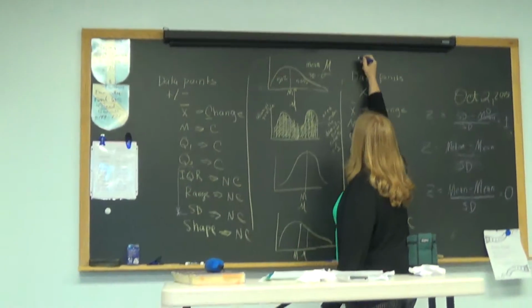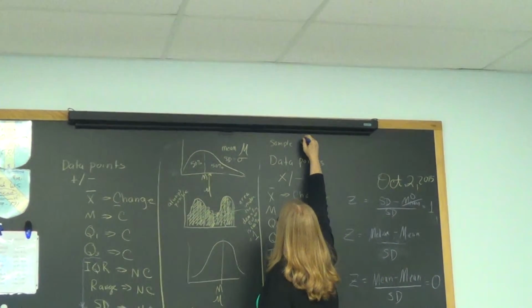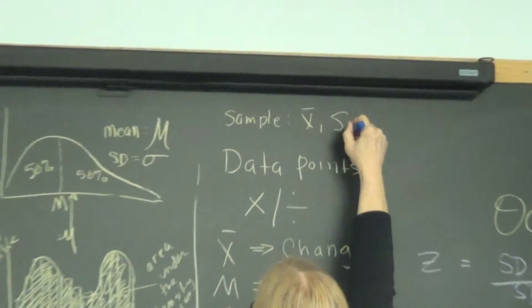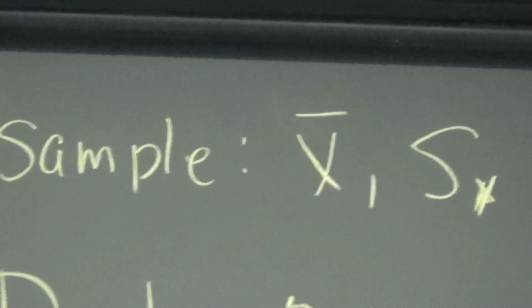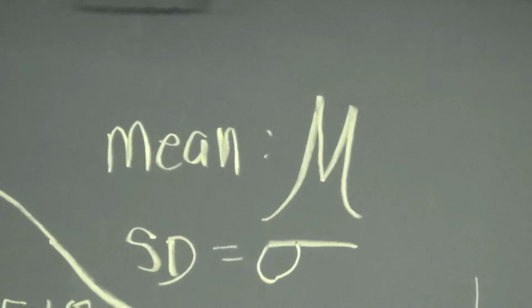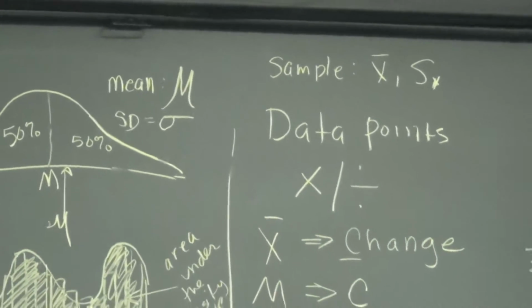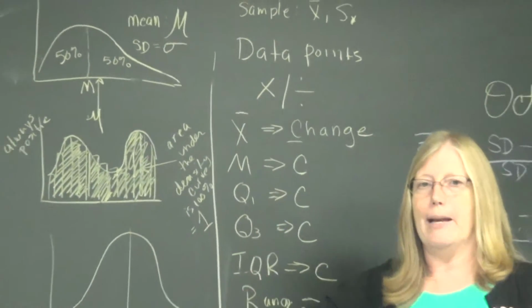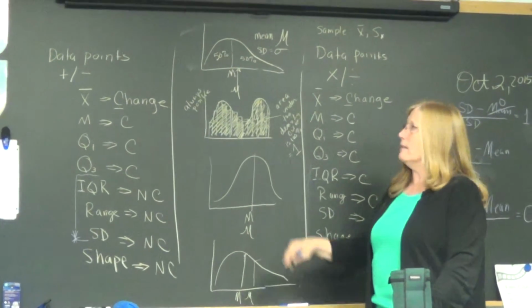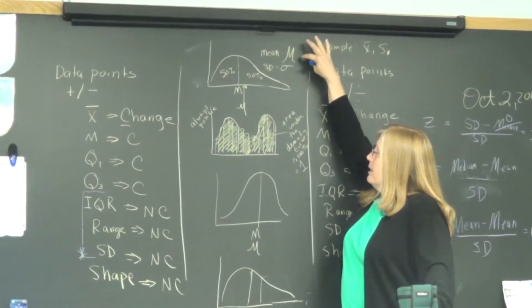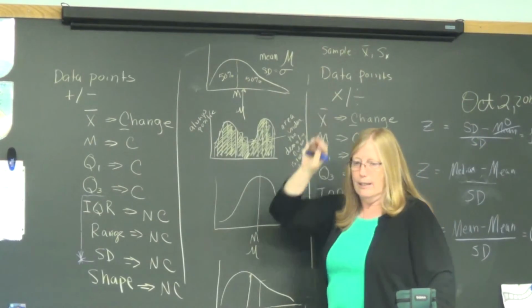Because when it was a sample, we used x bar and s sub x for standard deviation. Isn't this when you know the full population? The full population, that does make sense with the density curve because we have 100% of the data. Once we go from split bars to a mathematical curve, we definitely have a whole population. So we're going to go back for density curve. This is going to be the mean, and that's going to be the symbol for standard deviation.